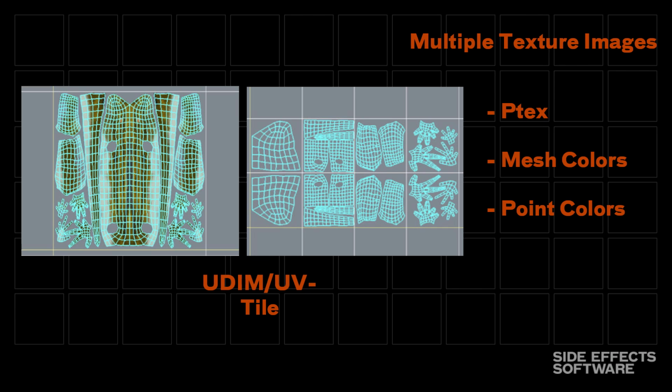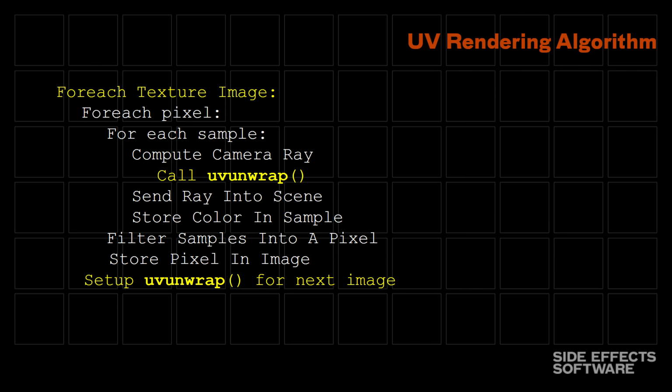As we compare, this is the UV rendering algorithm. Now instead of rendering for the image, we're rendering for each texture image. We'll look at the way the ROP is set up, which basically allows you to specify a whole group of objects that you want to process. But for each of those texture images, for each pixel, for each sample in each pixel, we compute the camera ray.